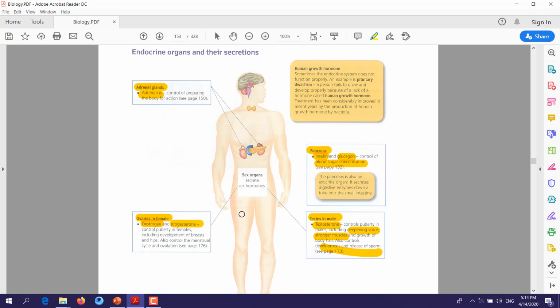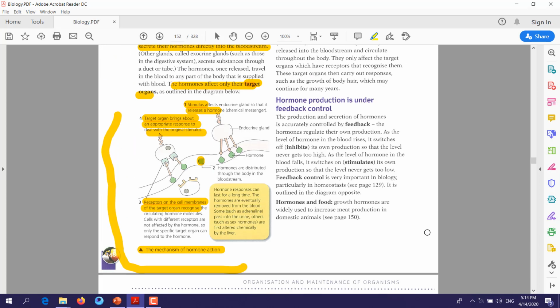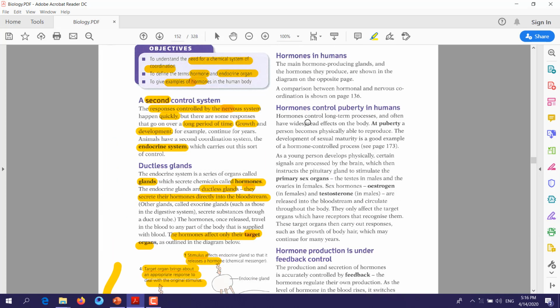So here, what do we have again? Glands, or organs, that belong to the endocrine system, and some examples of hormones with their function in our body. Hormones control puberty in humans.